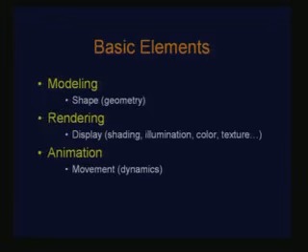Then we are looking at rendering. Rendering, as I said, is a way to display objects, which in turn includes not only to decide what is to display, but also the attributes of display.